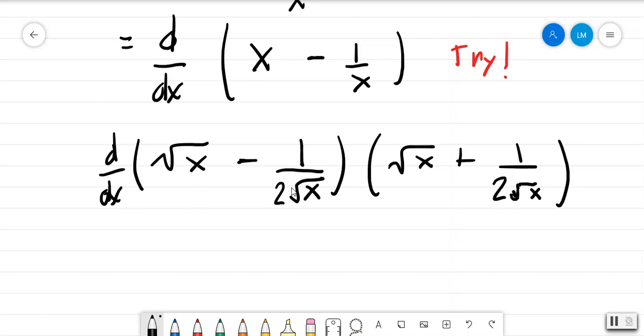Now you might be tempted to use the product rule and a little bit of the quotient rule, and then you're going to probably get lost in all the algebra.